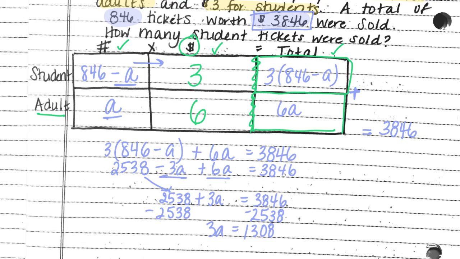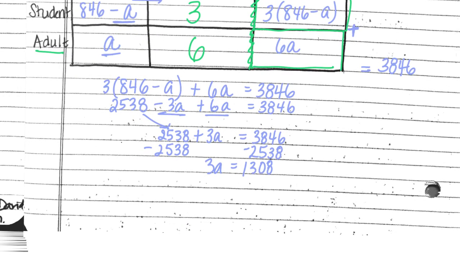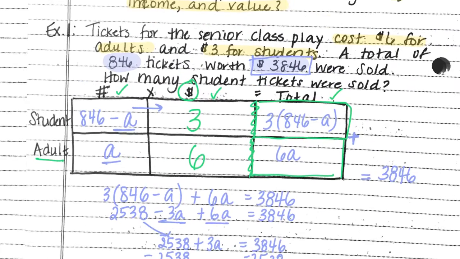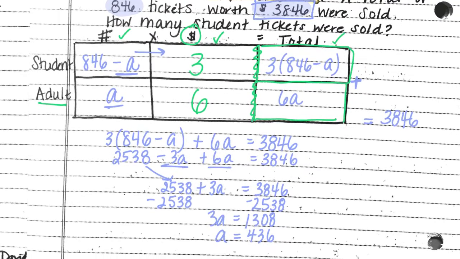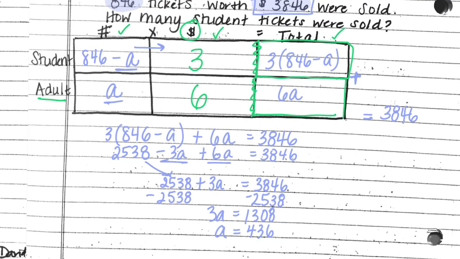1,308. Some of you are probably thinking, is she going to let us use our calculators? I will. Obviously, this is a little bit more math than what you anticipated. So adult tickets is 436 tickets. Now, the question says how many student tickets were sold. Well, guess what? I didn't answer the question because I answered how many adults.